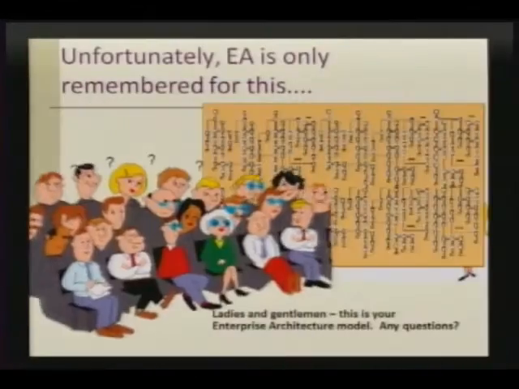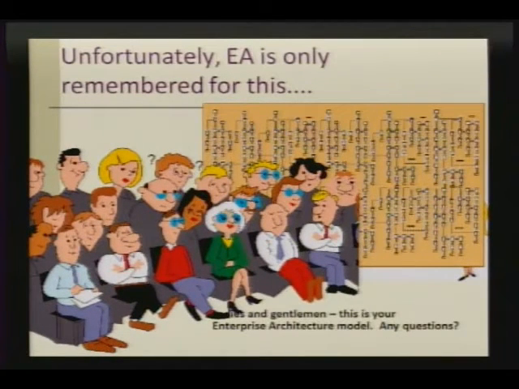So now let me get to the meat of it. Enterprise architecture, unfortunately, is known for this: complex wiring diagrams and a very excited and motivated executive audience that's very attentive.